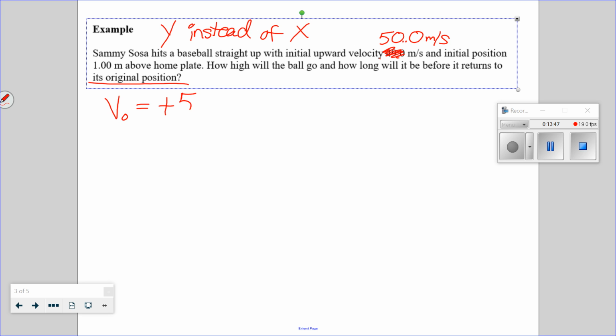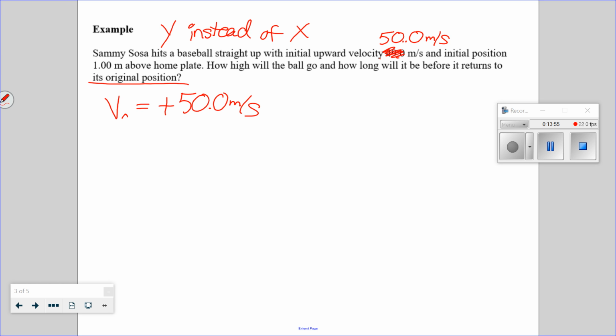We've got our acceleration is minus 10. We've got our y0 is 1, plus 1 meter.